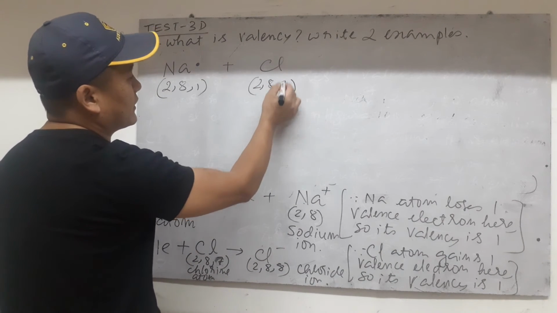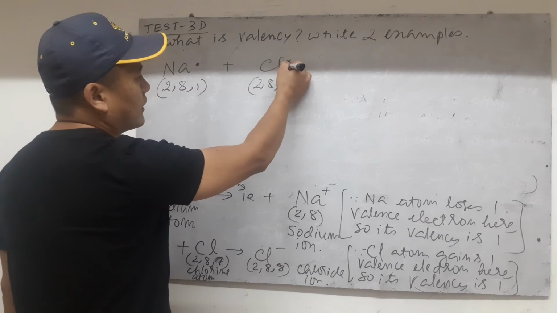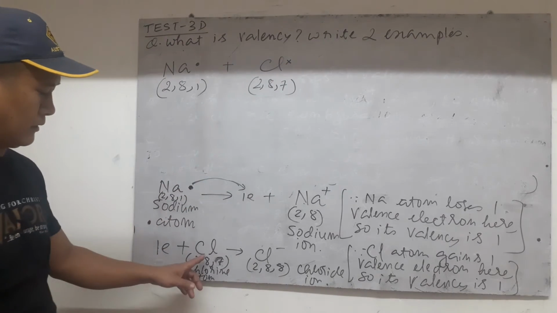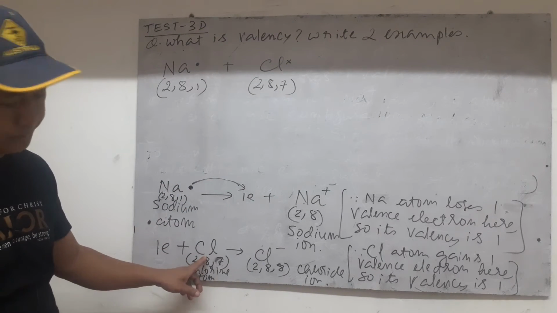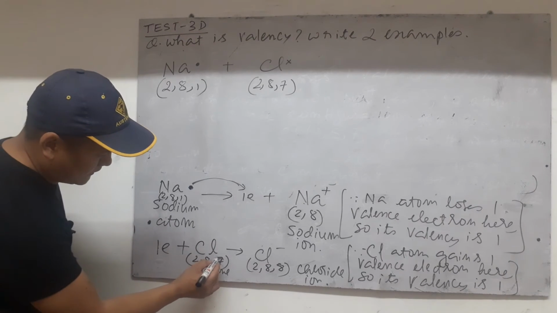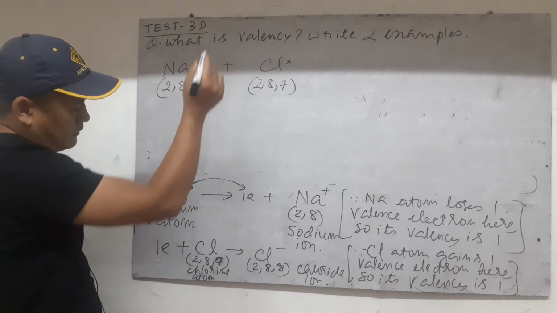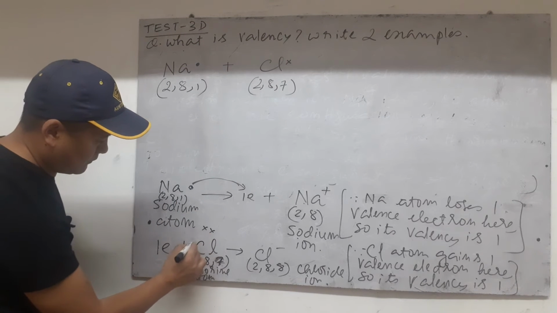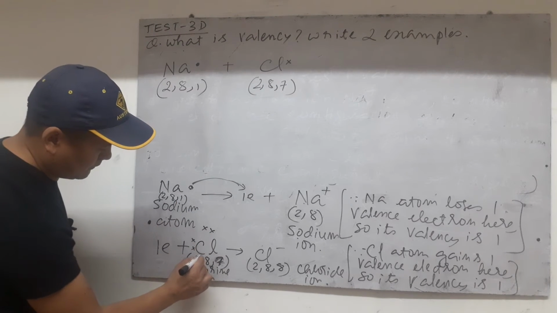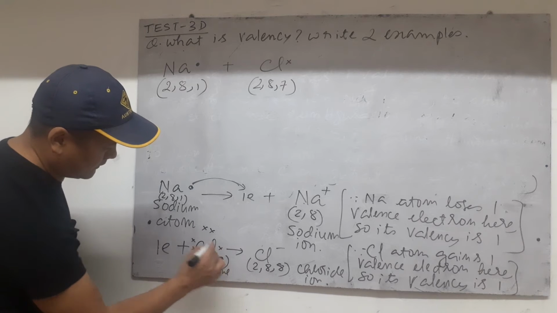So there are 7 valence electrons, represented by this. Here we represent the valence electrons of sodium by dot and of chlorine by cross. 1, 2, 3, 4, 5, 6, 7.